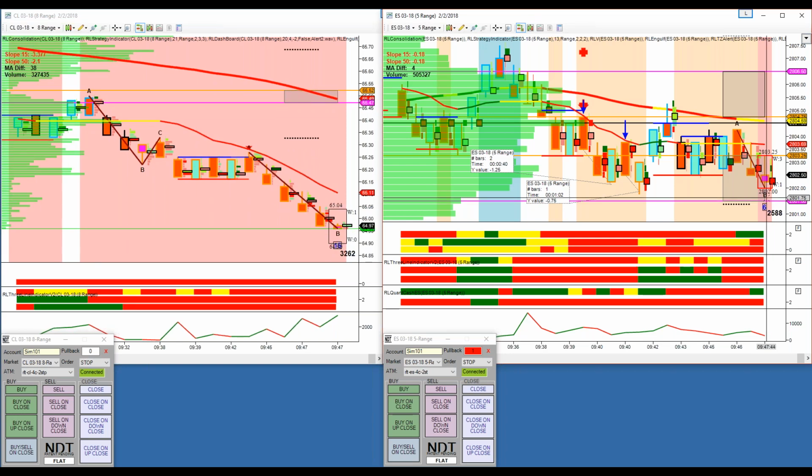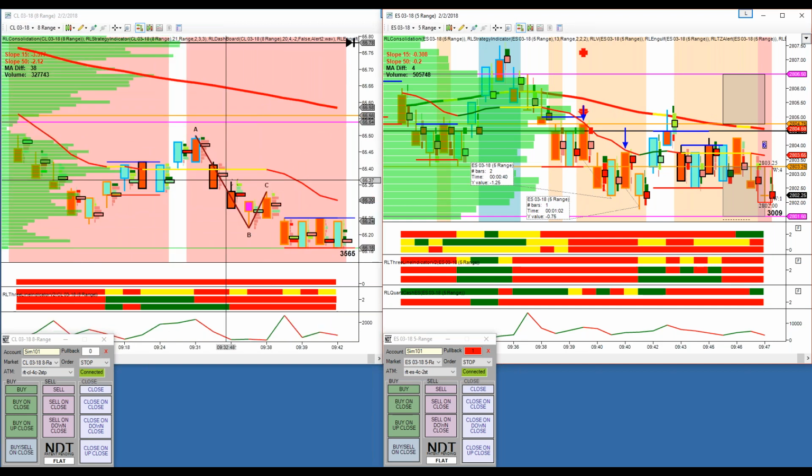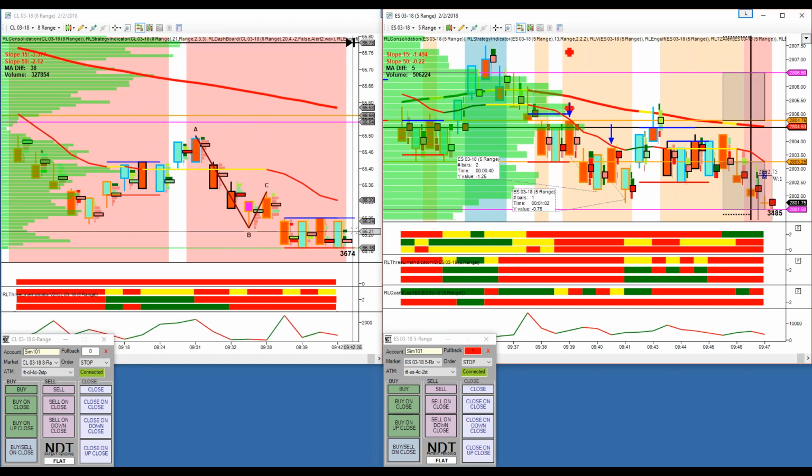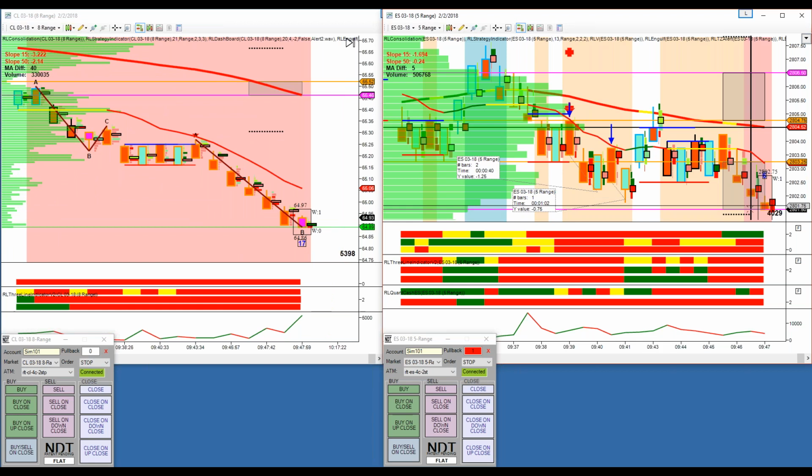Ma, look at this trade on crude. It was into the LOD. Right here. It's just going crazy on huge volume.